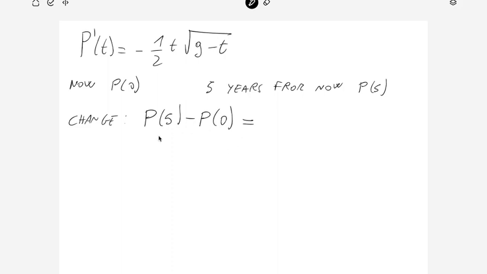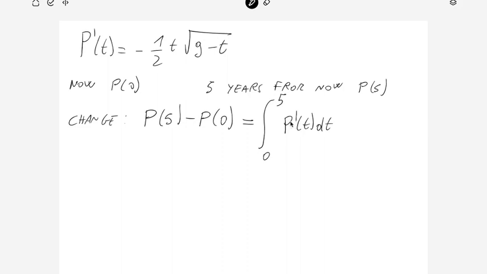And this is just p of 5 minus p of 0. This is the fundamental calculus theorem, and this is the integral from 0 to 5 of p prime of t dt. Well, this is natural. If you have to solve this integral, you have to search the antiderivative, but the antiderivative of p prime is p.